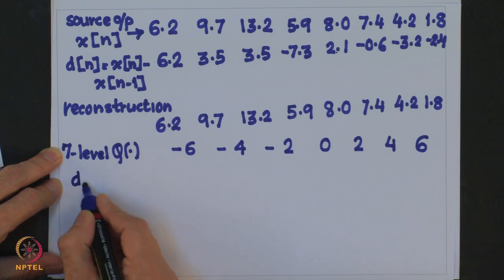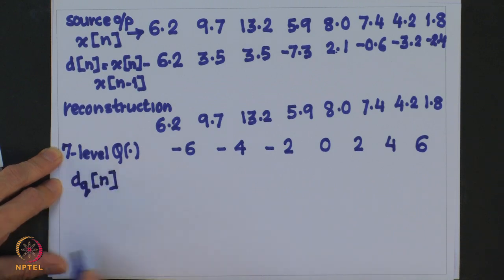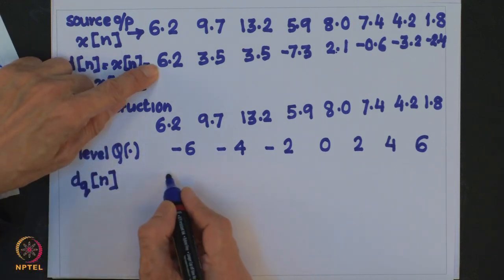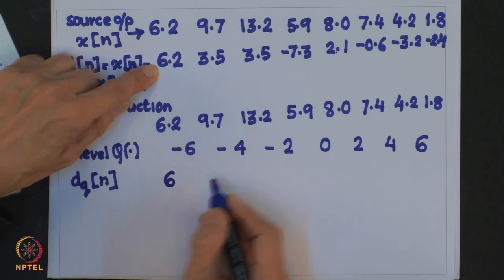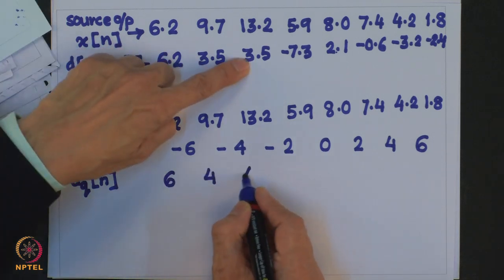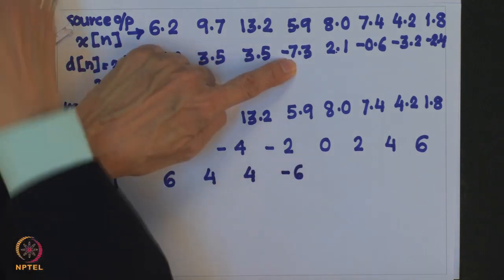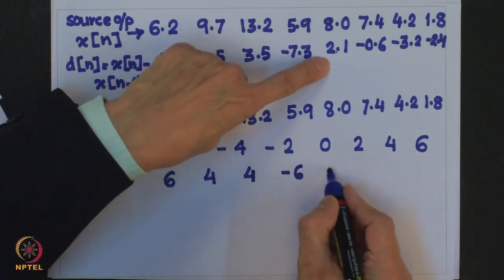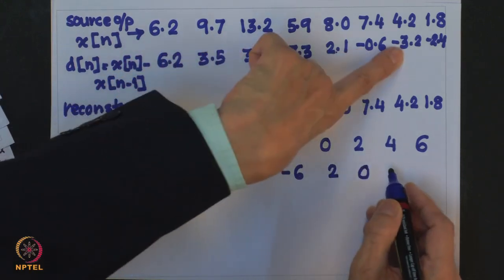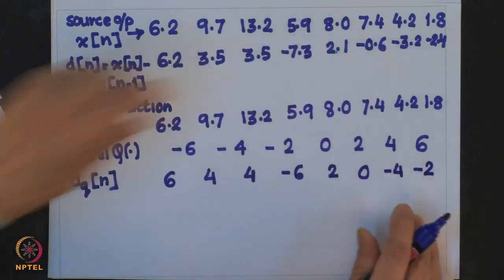So, the difference signal which I am going to transmit now is going to be quantized, and that value will be 6.2, this will be equal to 6, this will be equal to 4, this will be equal to 4, this would be equal to -6, this would be equal to 2, this would be equal to 0, this would be equal to -4 and this would be equal to -2.